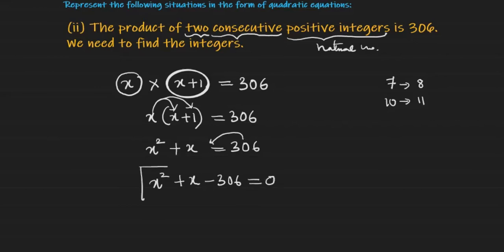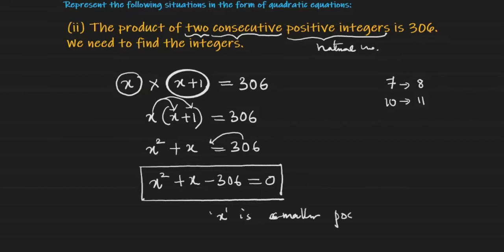So this is the required quadratic equation. Don't forget to mention that x is the smaller natural number, a positive integer, and you can always get the bigger one by adding 1.